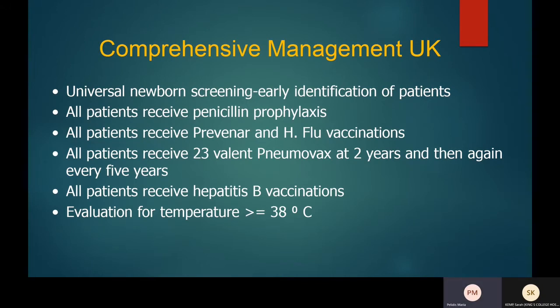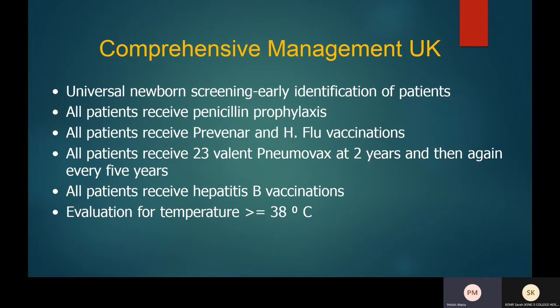Now, over the past decade, comprehensive management of people with sickle cell disease has decreased the risk of these severe infections. First of all, we have universal newborn screening. Therefore, people who have sickle cell disease are diagnosed within the first 6 weeks of life, and they are started on penicillin prophylaxis as soon as they have been diagnosed with sickle cell disease.